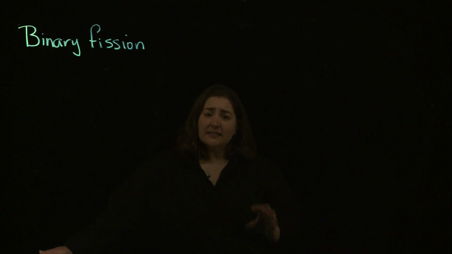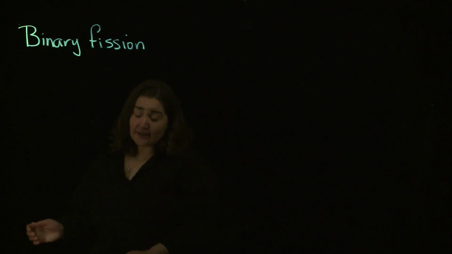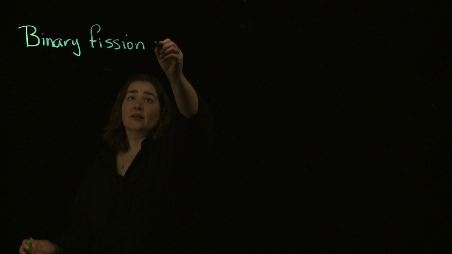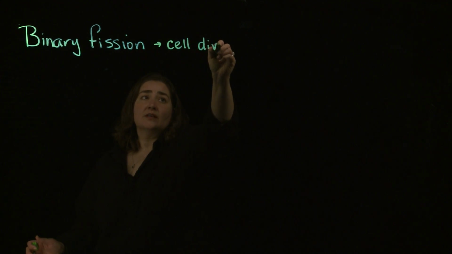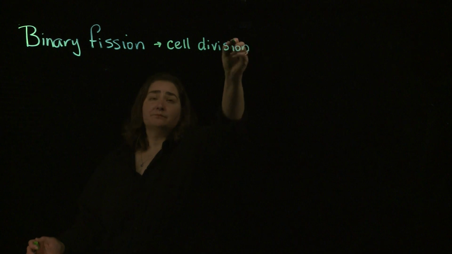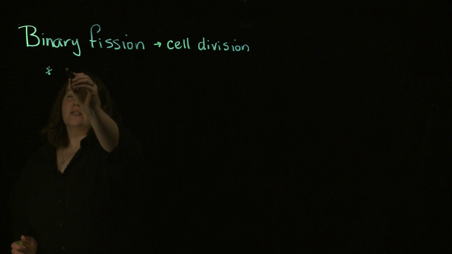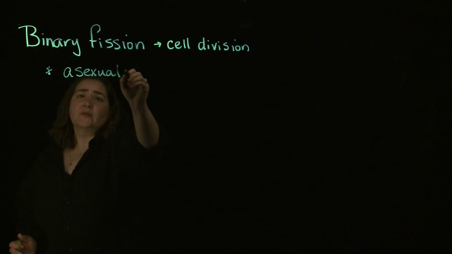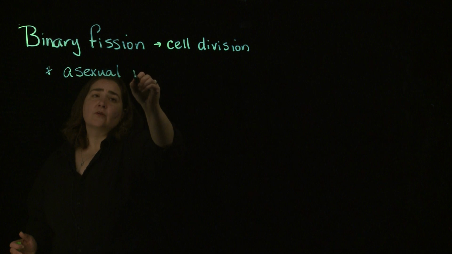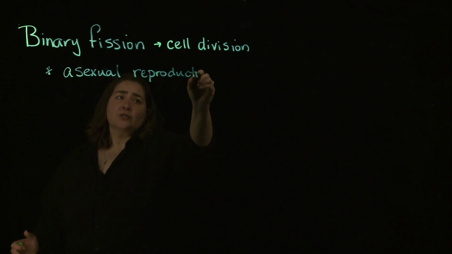All right, last topic for chapter 6 now is going to be binary fission. With binary fission, what we're really talking about here is cell division. That cell division is going to be an asexual form of reproduction.